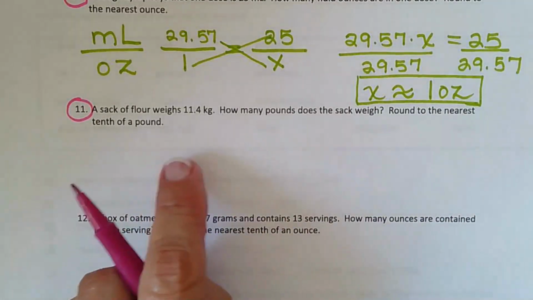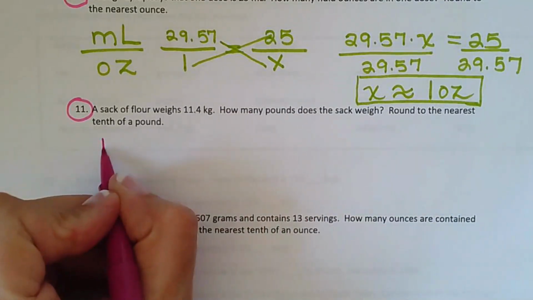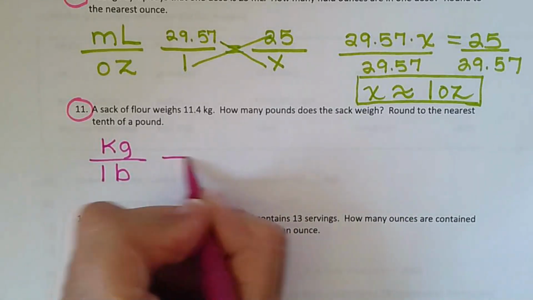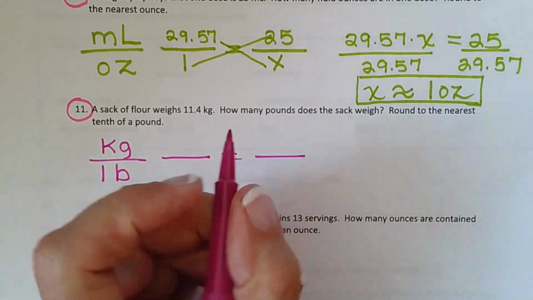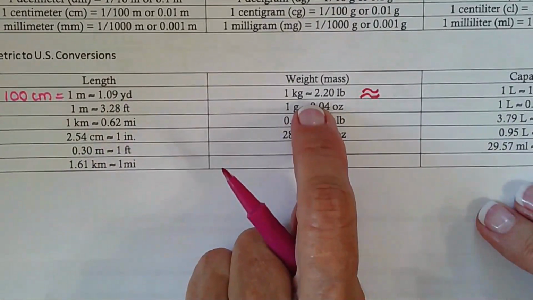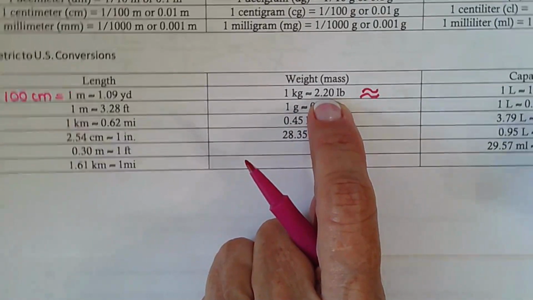Okay, so this one looks like we're going kilograms to pounds. So we look under weight. 1 kilogram is about 2.2 pounds. We don't need the 0.